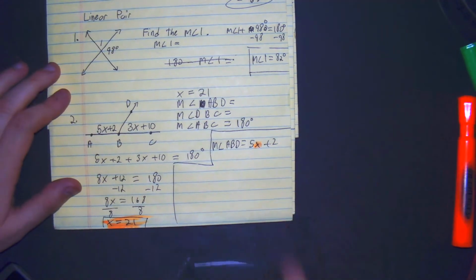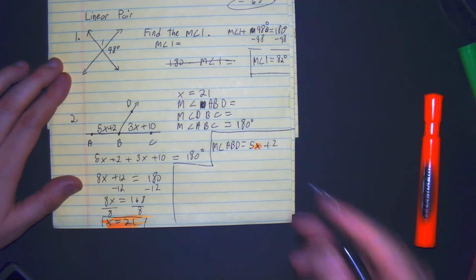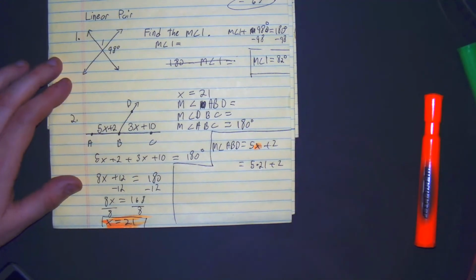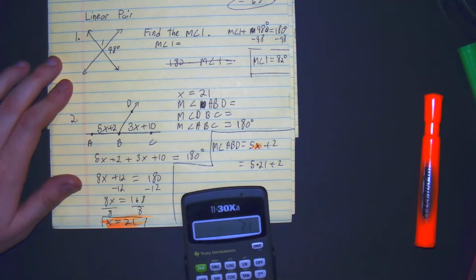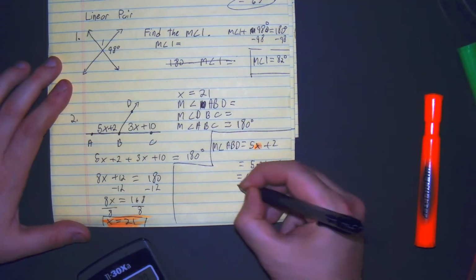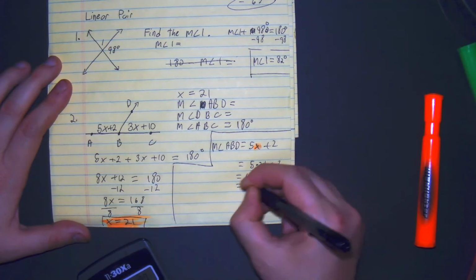So this is equal to 5 times 21 plus 2. 5 times 21 is 105, plus 2 gets 107 degrees.